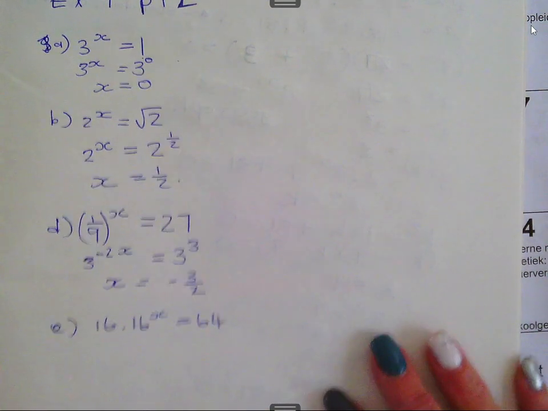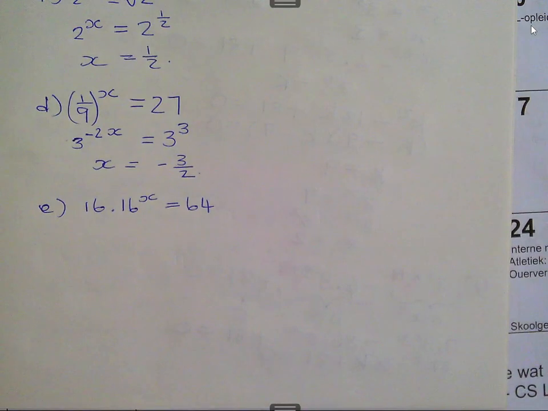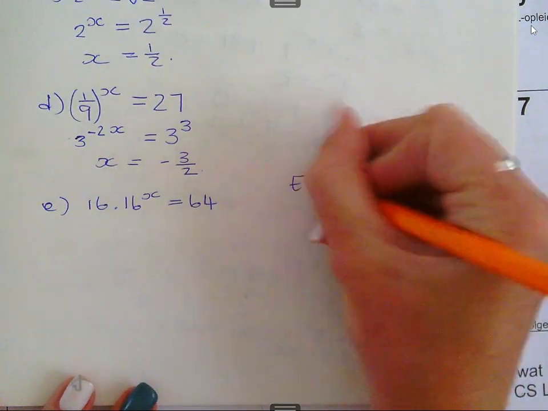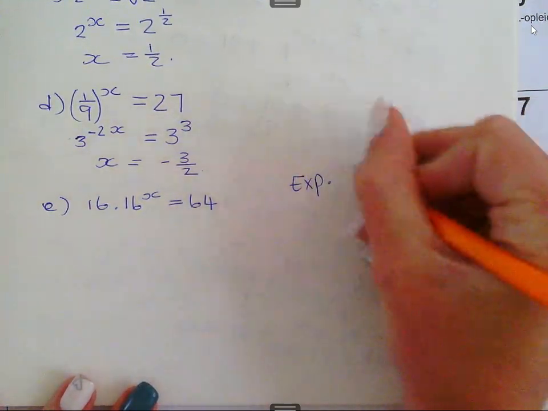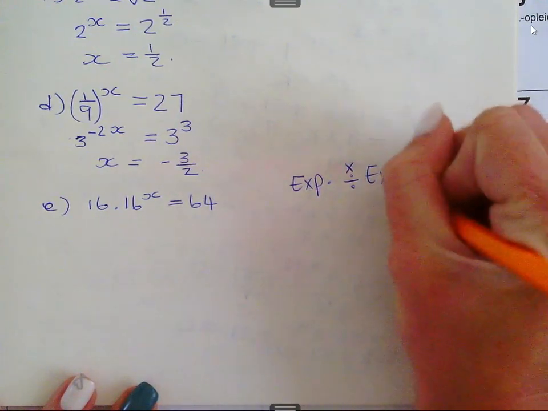Okay. At E, I want you to make a note next to E. This is not really something difficult at E, but going forward, I saw with the other class as well, they forget this. Only exponential can multiply or divide with exponential.